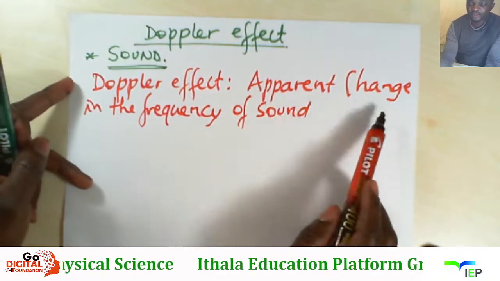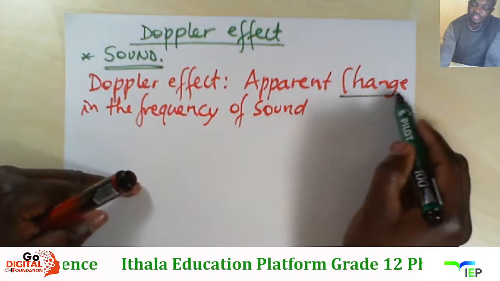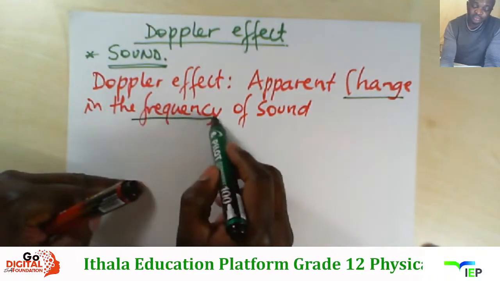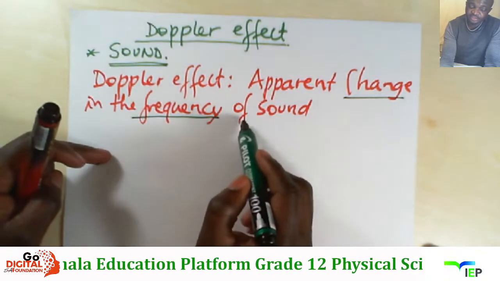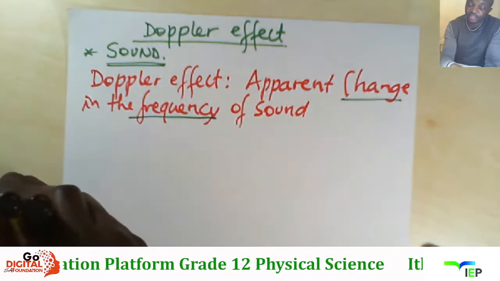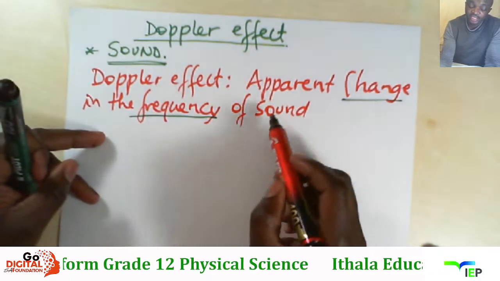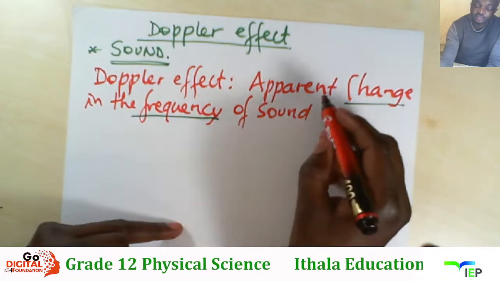Already talking about apparent change, especially that the change in frequency, buga ama keyword, the change in frequency, right? That is very important. Kumele ukulume ke change in frequency. Hii inenza kube nale change, right?